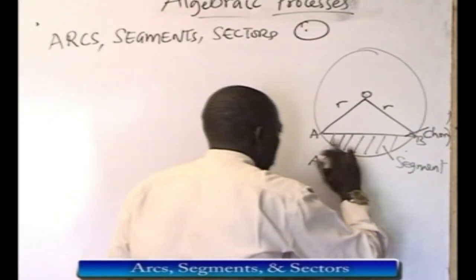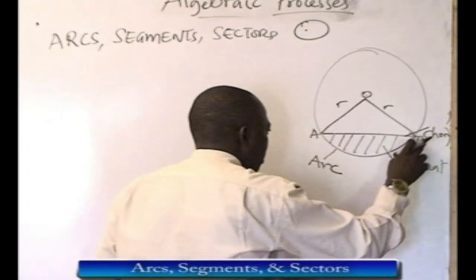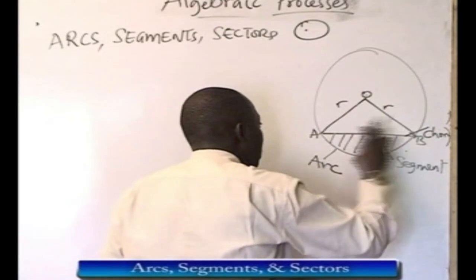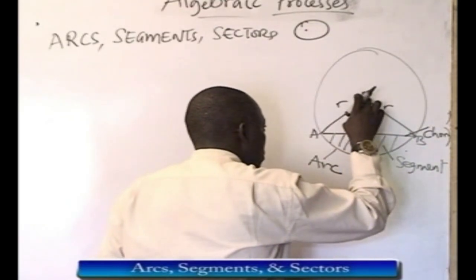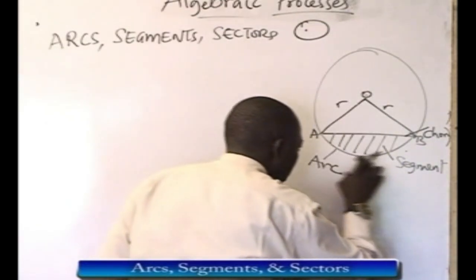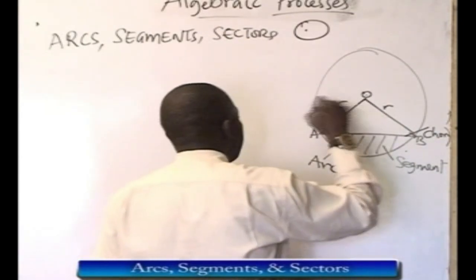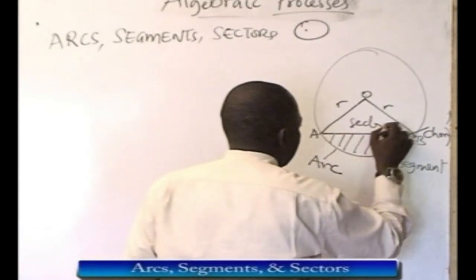The shaded portion that is bounded by chord AB is known as the segment. Again, the whole of this shape from point O down to A, down to B, back to O is known as the sector.